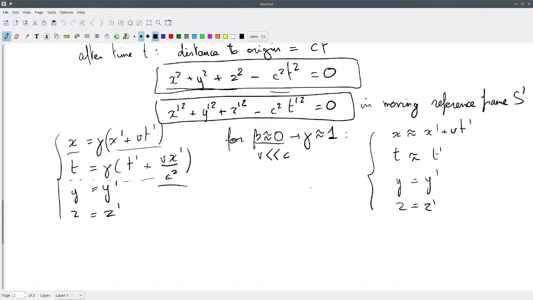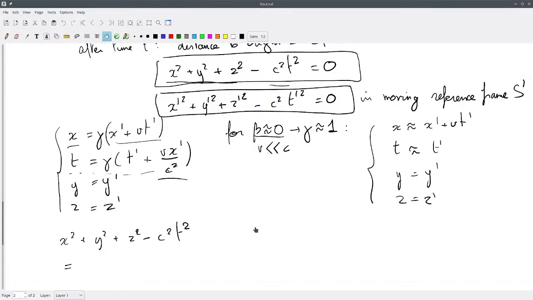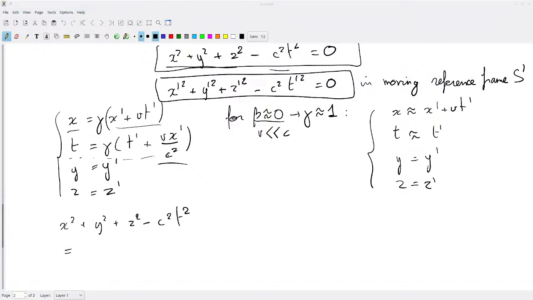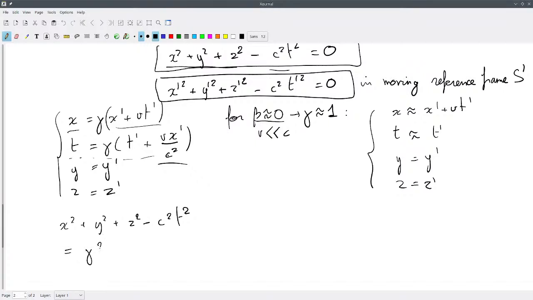If we plug in the numbers now, our x component is going to be gamma squared times x prime squared plus v squared t prime squared plus 2x prime v t prime. Then we have our y squared, which is now y prime squared plus z prime squared.